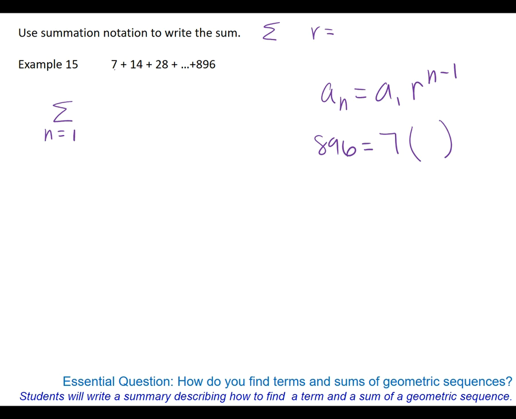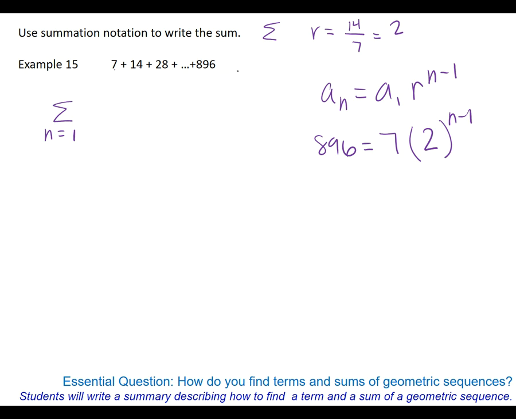Second divided by first, because I'm in geometric, right? They didn't explicitly state that, but we're in the geometric section, so we're using a ratio. 14 divided by 7 gives me 2, so my ratio is 2. I don't know n, so that's what I'm going to try to figure out.